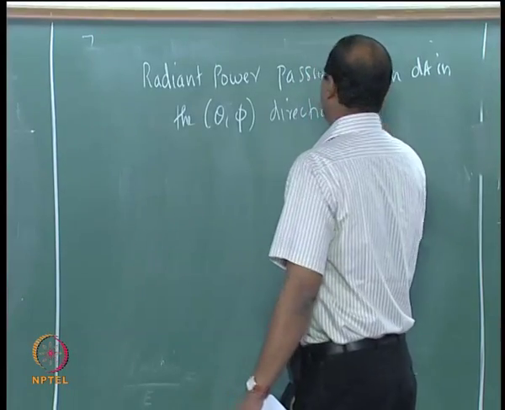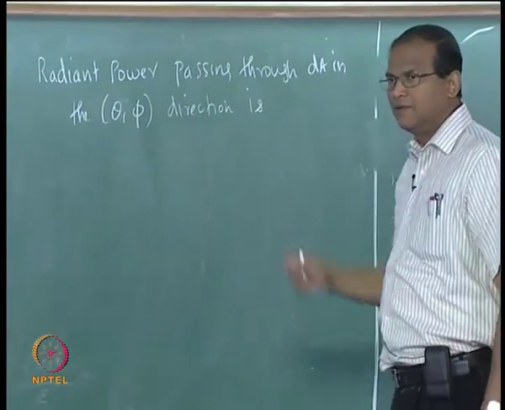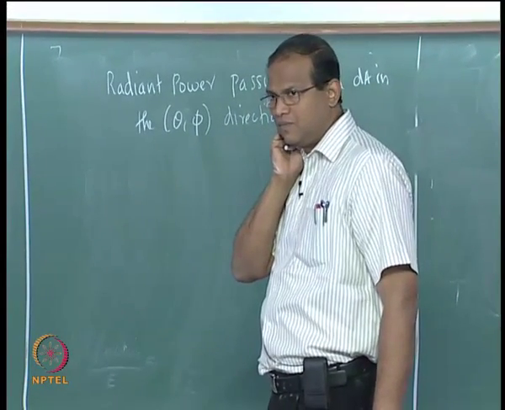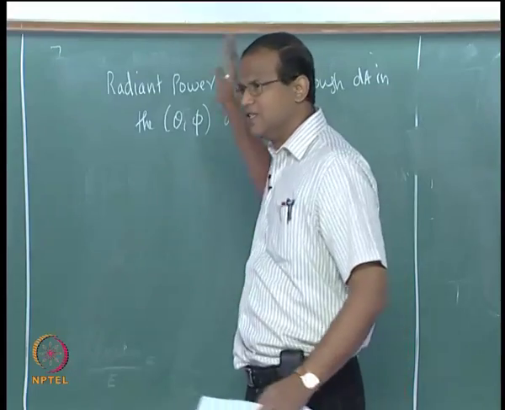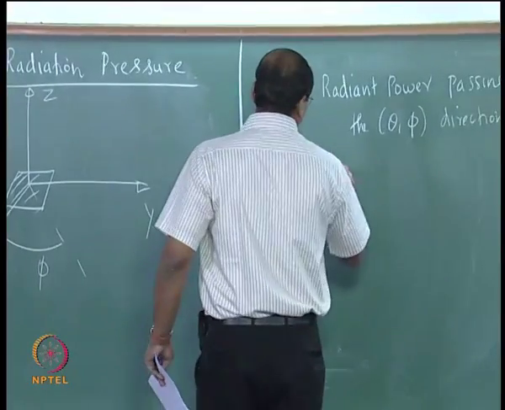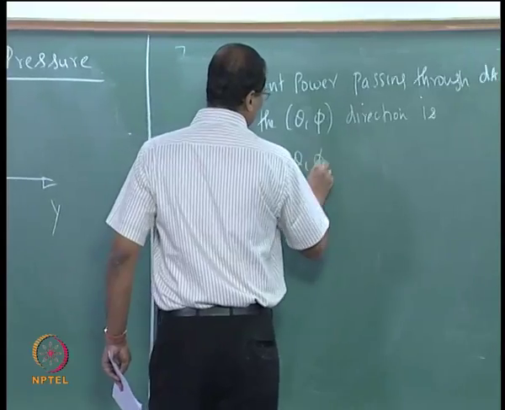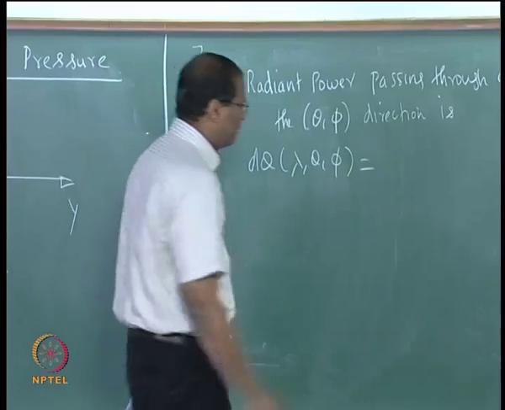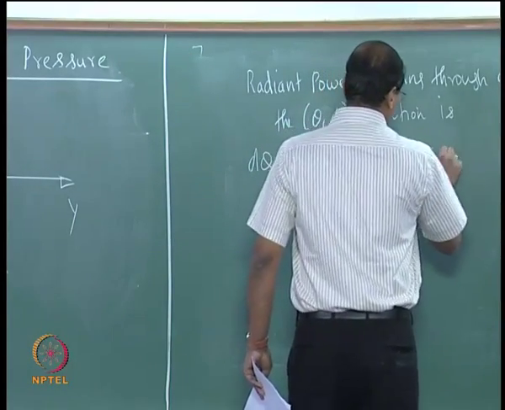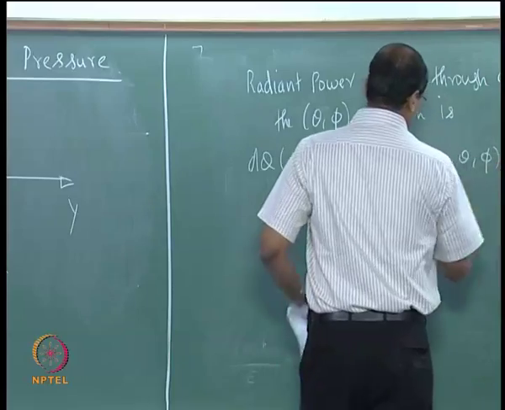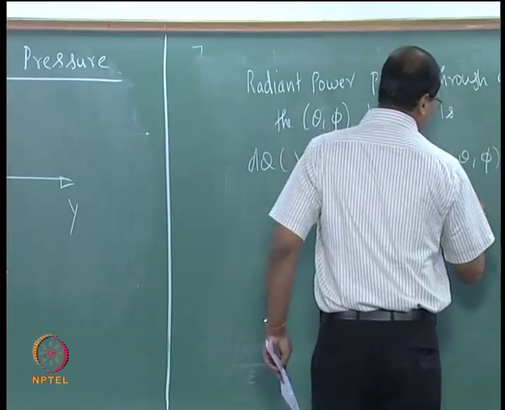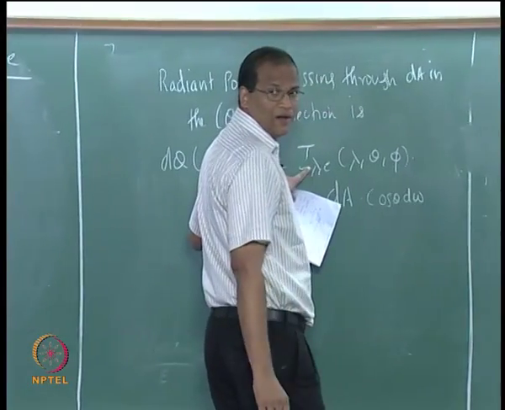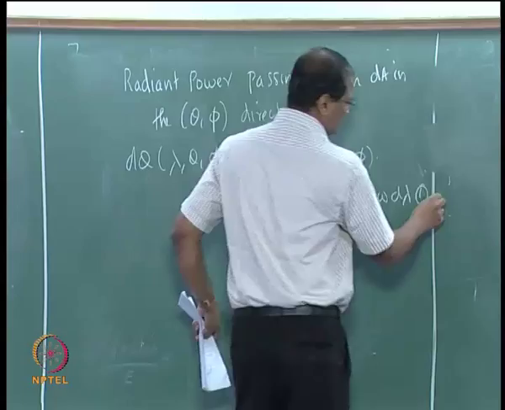What is the radiation power passing through dA? dq lambda theta phi is equal to I lambda E dA cos theta d omega, correct, good. So d lambda, this is nothing new.